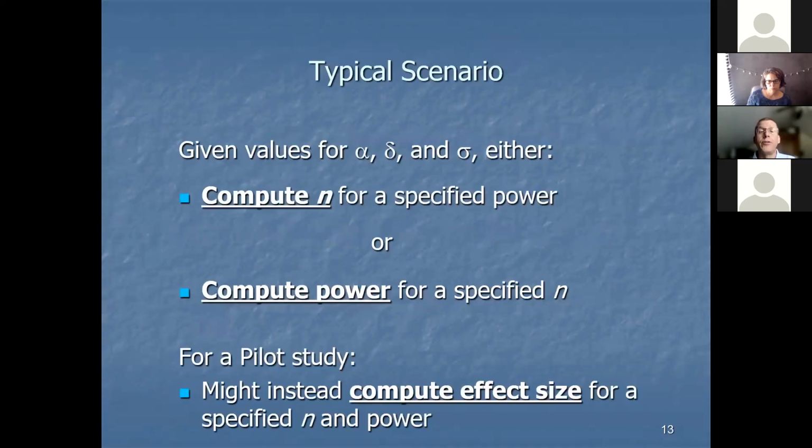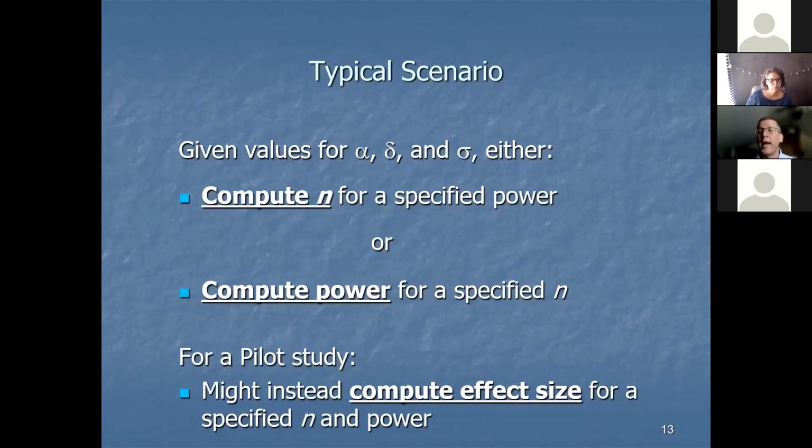So typically, we specify our significance level, our difference, and the variability, and we either compute the sample size for a specified level of power, typically something like 80%, 85%, or 90%, or if we have a fixed sample size, we might say this is the power that that sample size will provide for us. One variation on this is sometimes for a pilot study where we know that we are not well powered and we don't expect to be well powered.